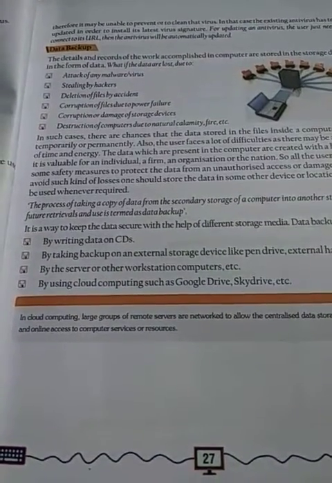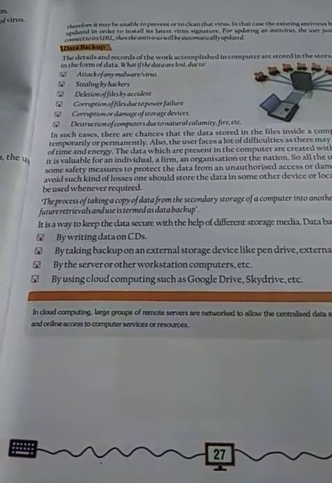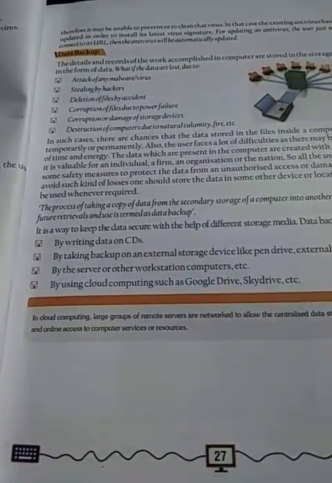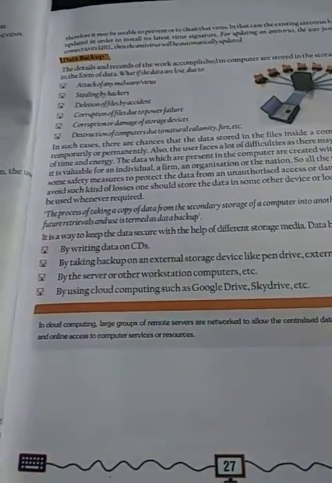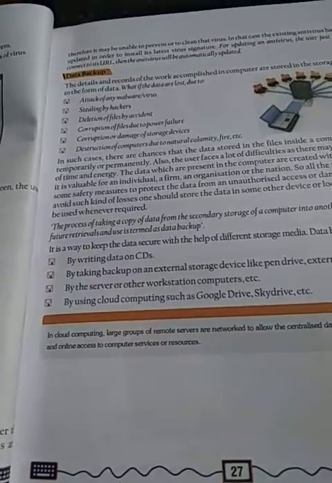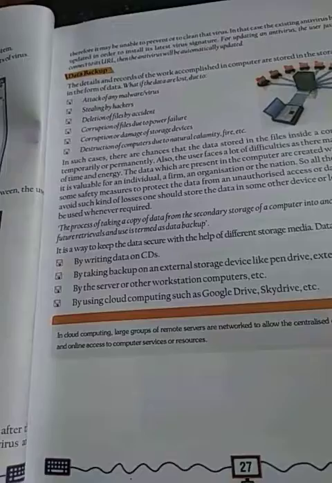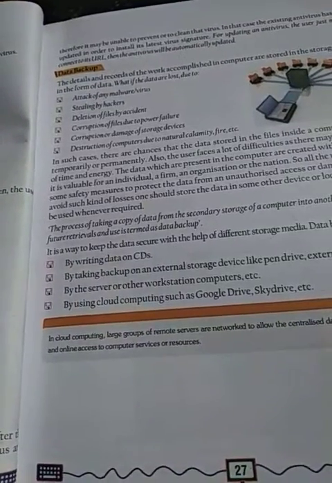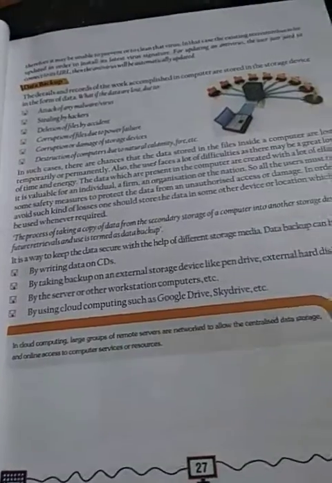Now, another method of backing up our data is keeping our data in another server or in another computer. Various drives are available like Google Drive, and cloud computing also supports the backing up of the data in the server.